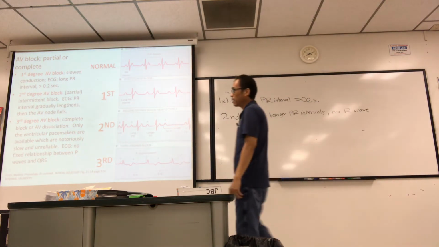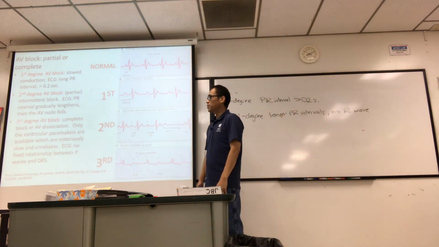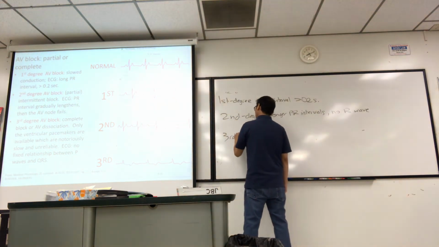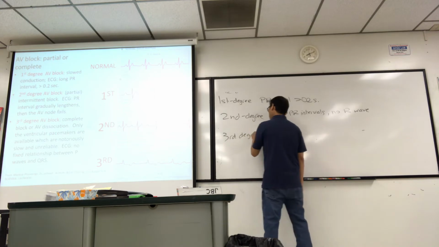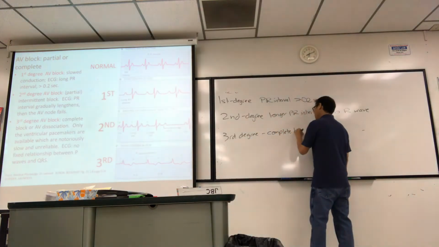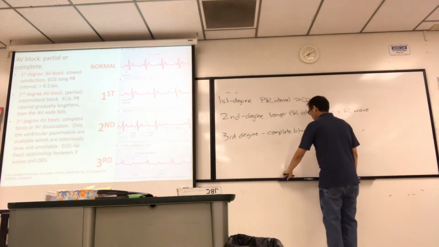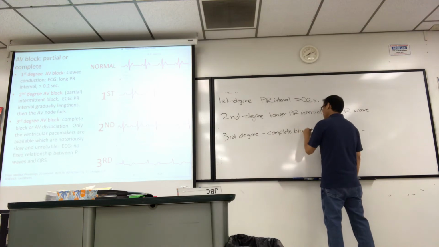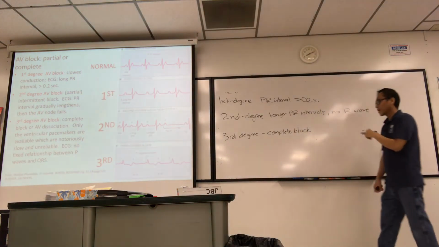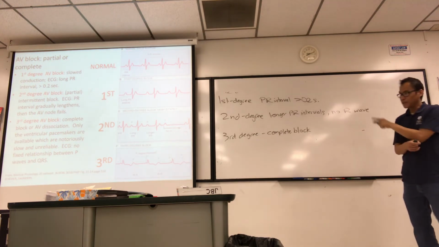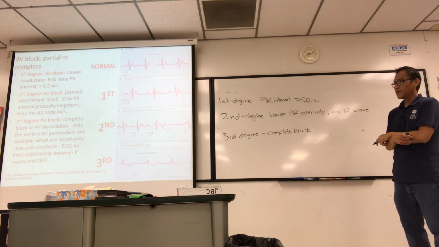The third degree is a complete block, for whatever reason. We call it complete block or AV dissociation. The signal's not getting down to the ventricles at all. So the only thing contracting the ventricles are the Purkinje fibers, which aren't that reliable. The ECG would show random P waves and random R waves.